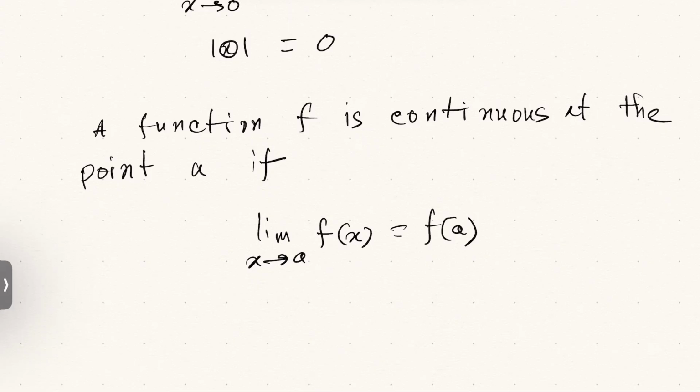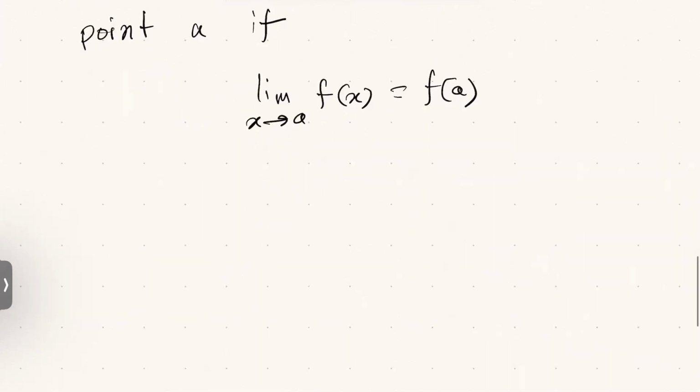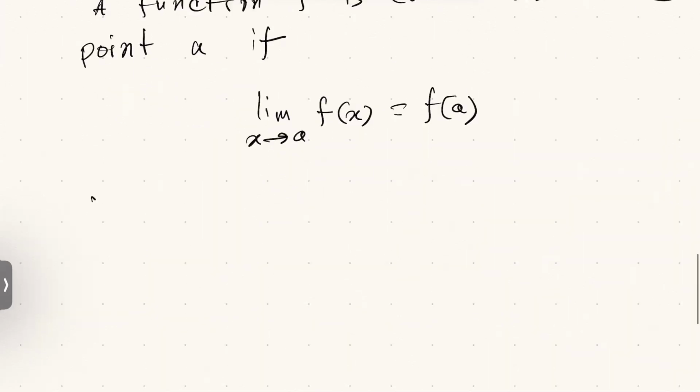But we also know another definition of a continuous function, which the mathematicians actually use. That definition says, for all epsilon greater than 0, there exists a delta greater than 0. This symbol stands for all, and this symbol stands for there exists.